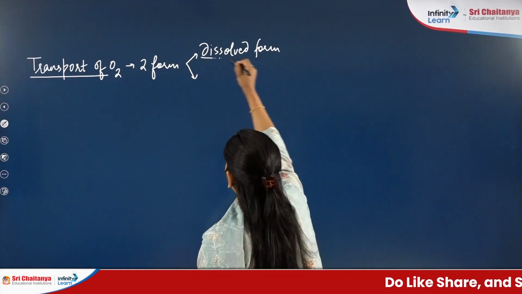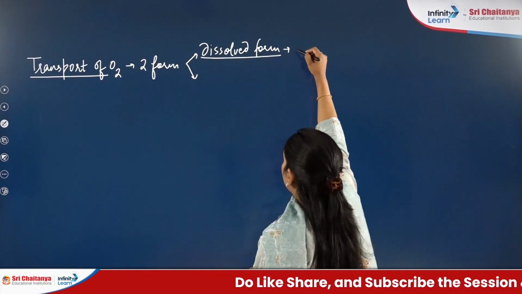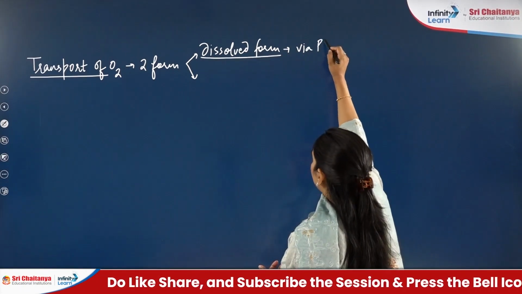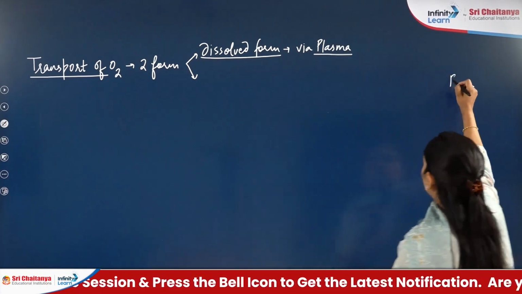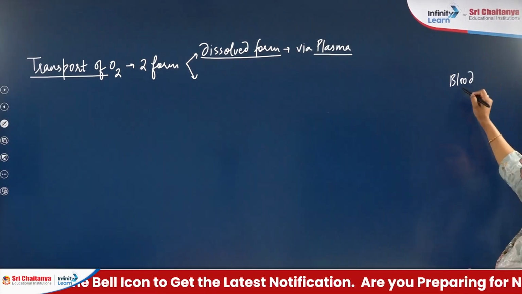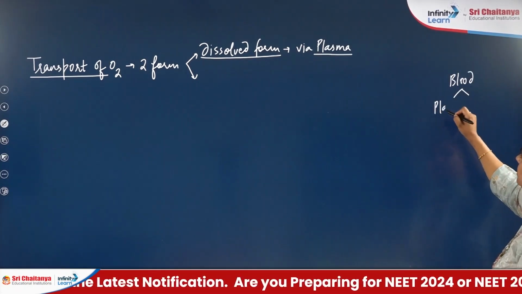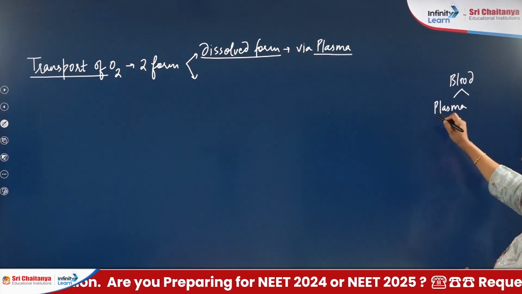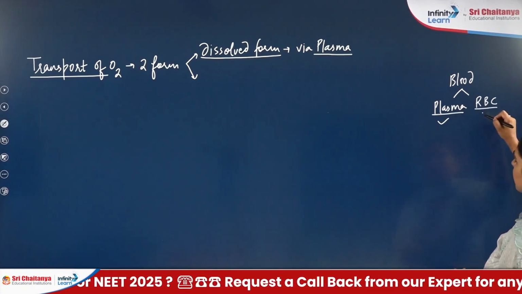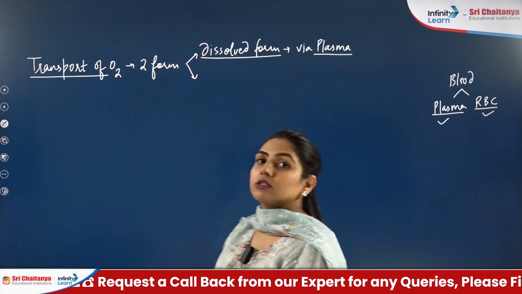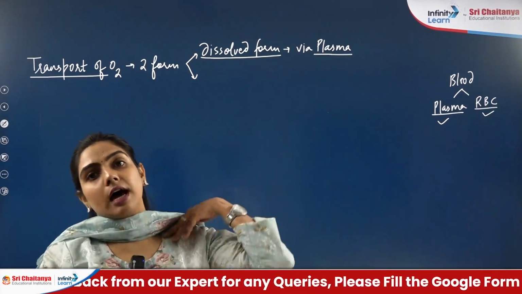And this dissolved form travels via plasma, because plasma is the fluid part of blood. In the blood there are two things which help us in the transport. One is plasma, another is RBC.